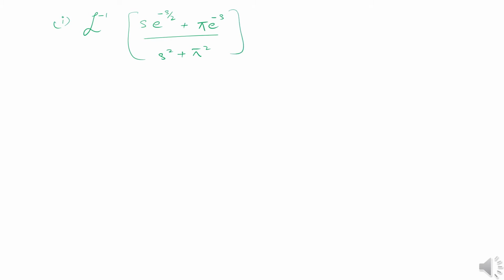We can write this function in two parts: s e raised to the power negative s over 2 over s squared plus pi squared, plus Laplace inverse of pi e raised to the power negative s over s squared plus pi squared.